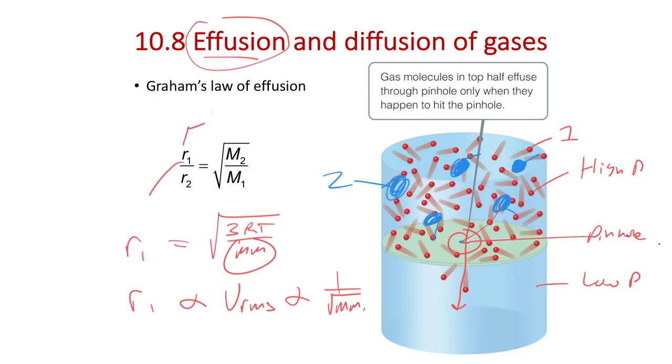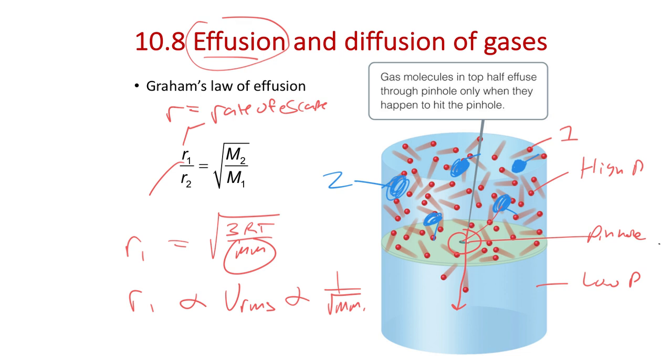Let's make sure to define that too. We're using R here just to say the rate of escape: how fast does a particle escape? If it escapes faster, R1's higher. If it escapes slower, R1's lower.